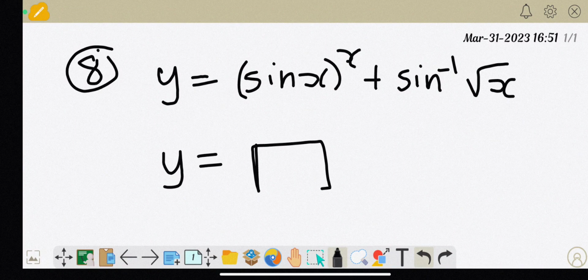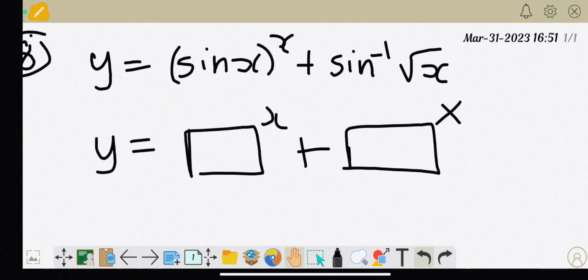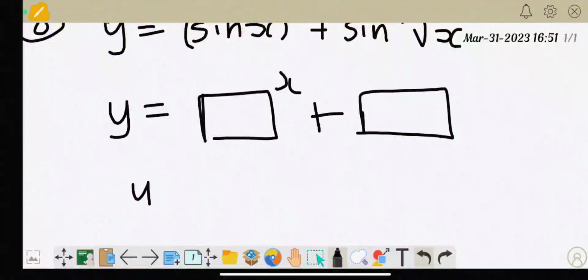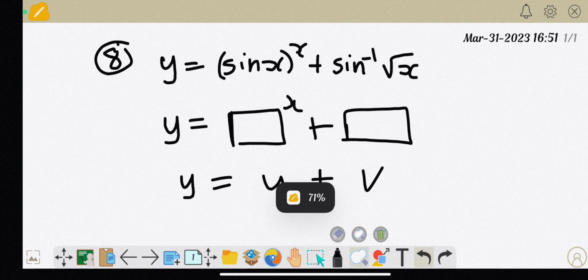There is some expression raised to some power, plus there is some expression that is not raised to some power, correct. If you have an expression in this form, you have to apply the same rule, which is y is equal to u plus v. No difference at all. So if you find any plus here, you can apply the same rule, no problem. So we'll solve using the same rule again.